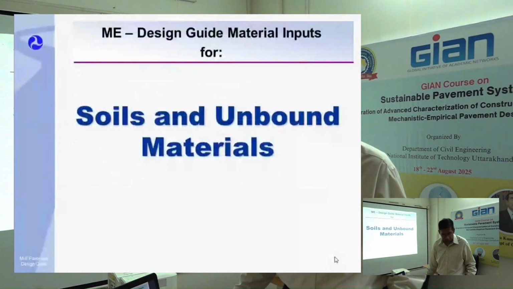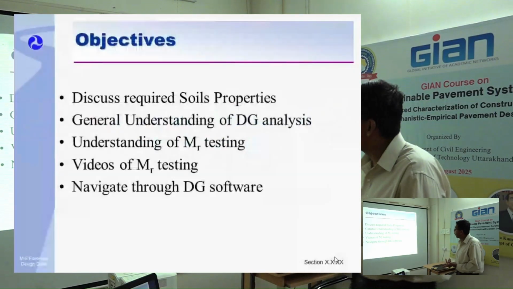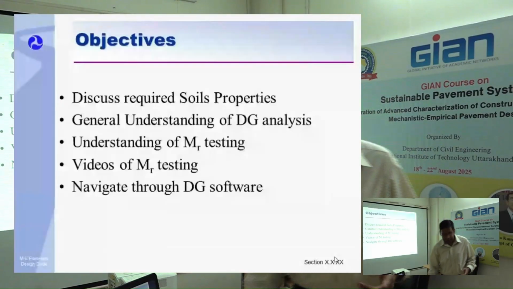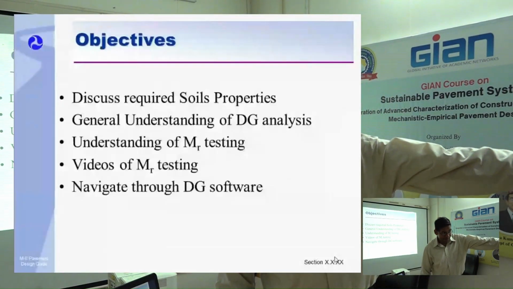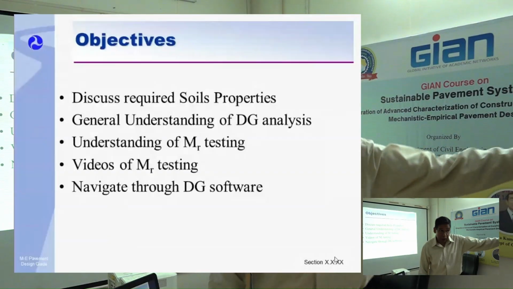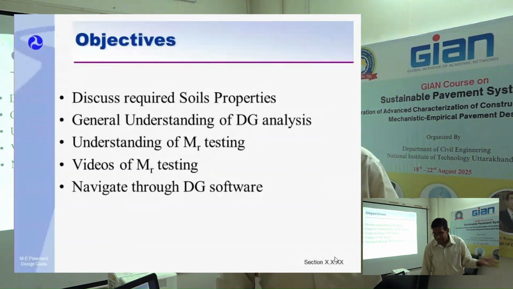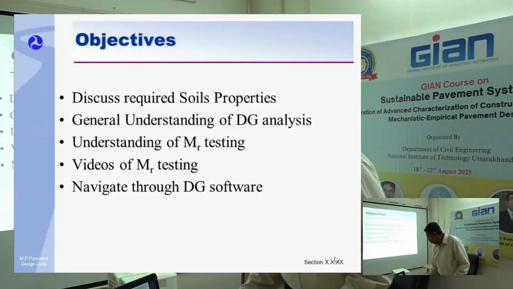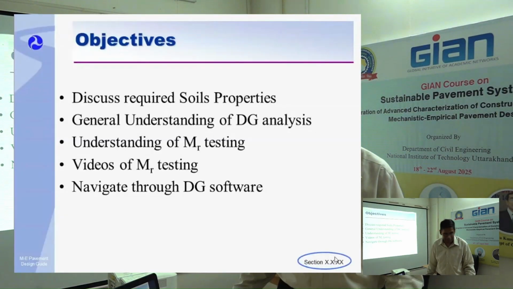Discuss general soil properties, understanding of design and analysis. A classic example is rutting, a classic example of soil. Everybody was criticizing him. But come on, if you don't give me good data, what am I going to do? People were like, oh, it's imperfect. Everything is going to be imperfect, right?